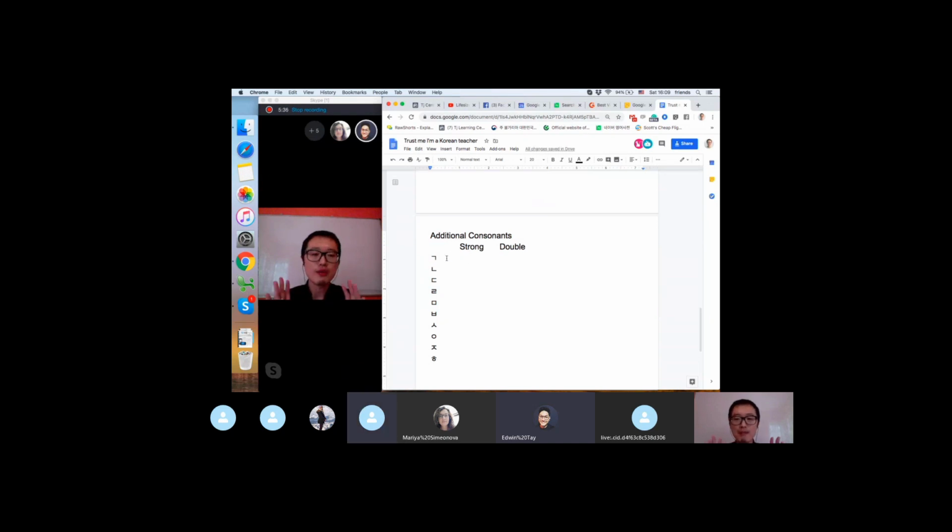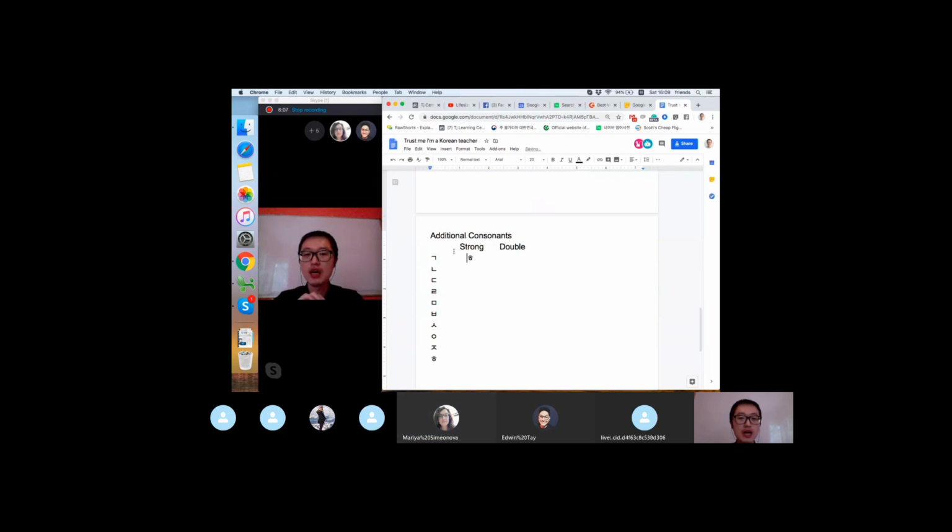What you need to remember is that strong consonants always have the sound of this one. So every basic consonant plus this sound is a strong consonant. Strong consonants have a k sound.